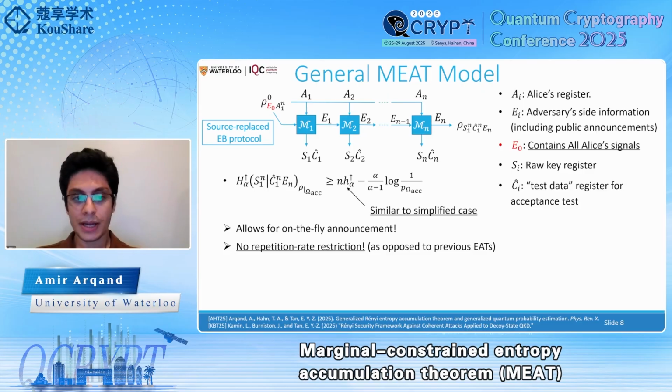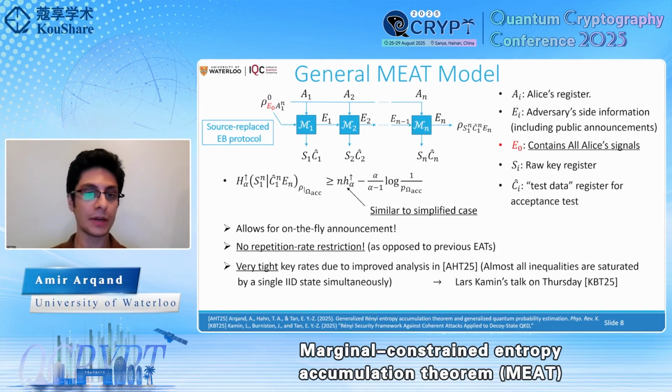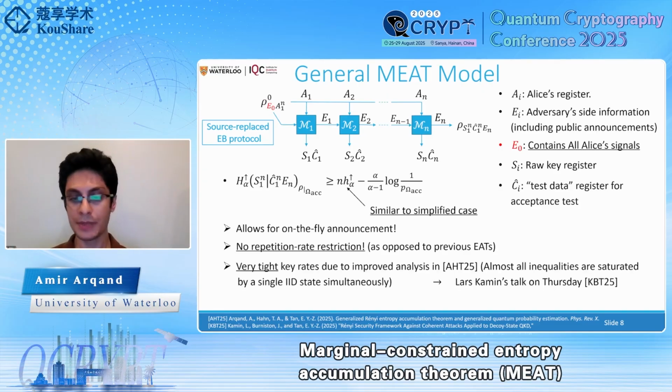And second of all, even though we have these sequential structures, I'd like to point out that there are no repetition rate restrictions whatsoever in the MEAT framework, as opposed to the previous EAT results. And so the key rates we would obtain using this framework are extremely tight.